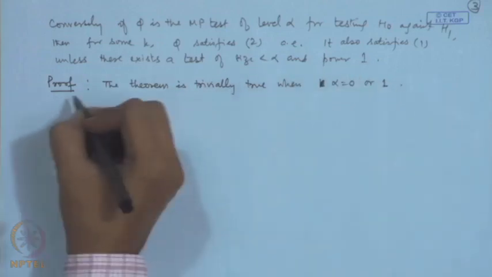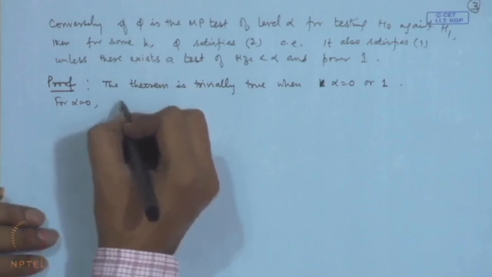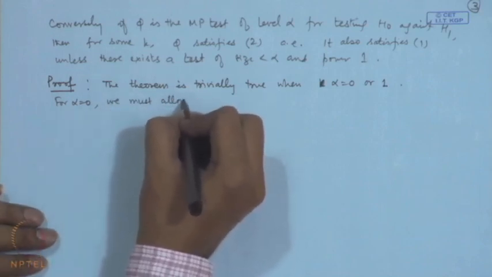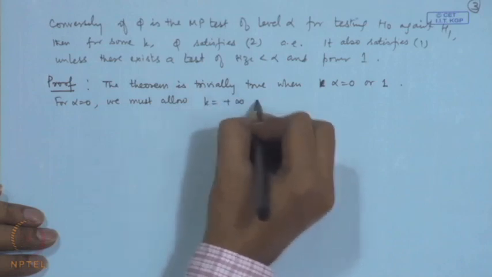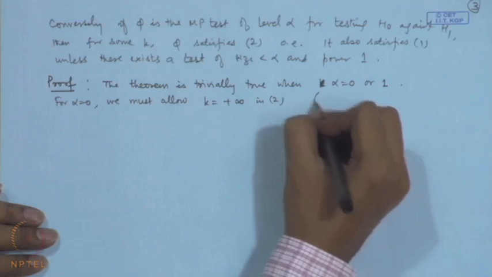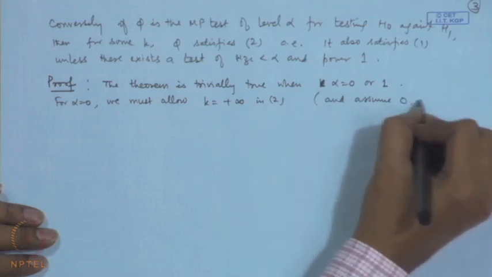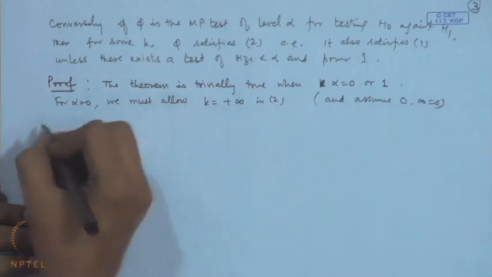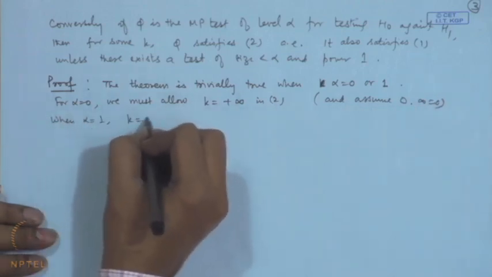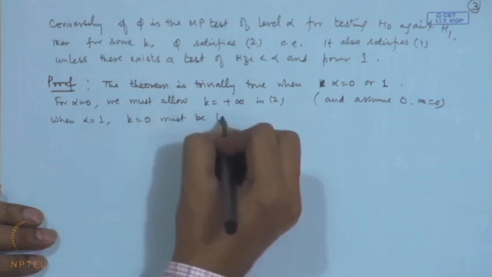So, we are saying that for alpha is equal to 0, we must allow k is equal to plus infinity in 2, and also assume that 0 times infinity is equal to 0. When alpha is equal to 1, then k is equal to 0 must be taken.